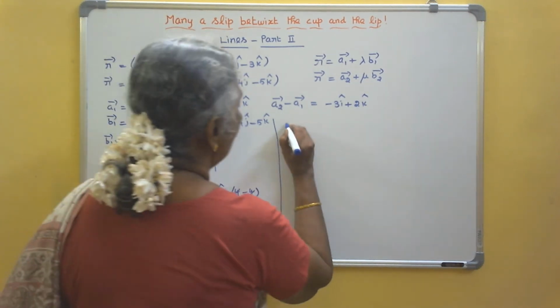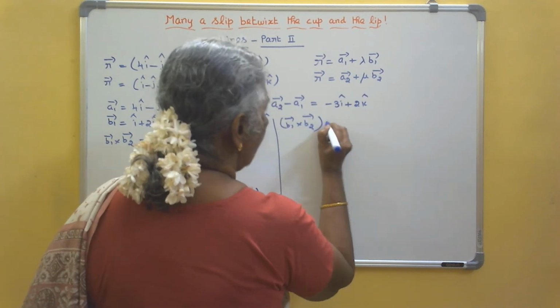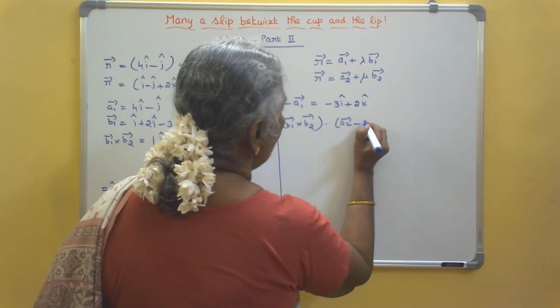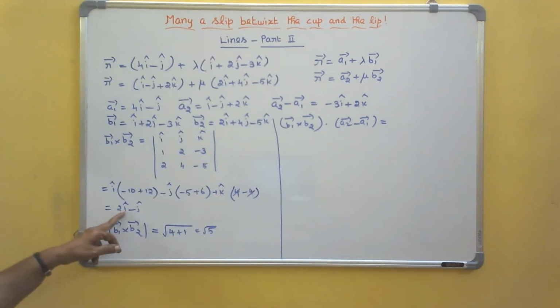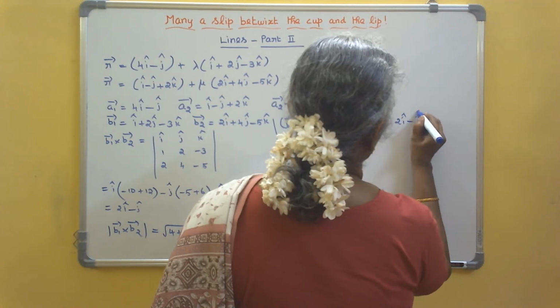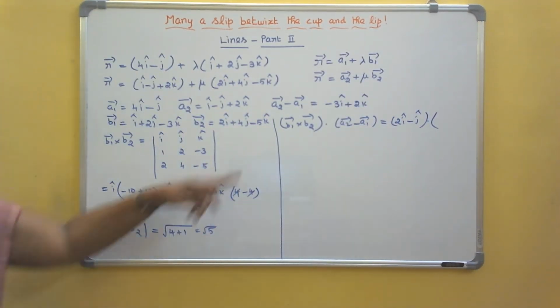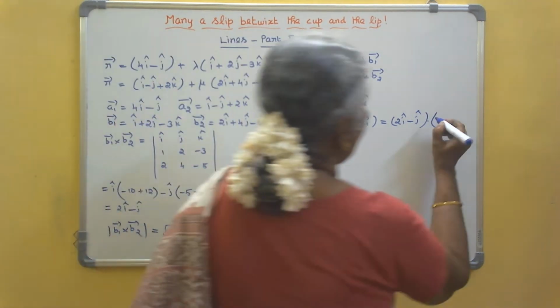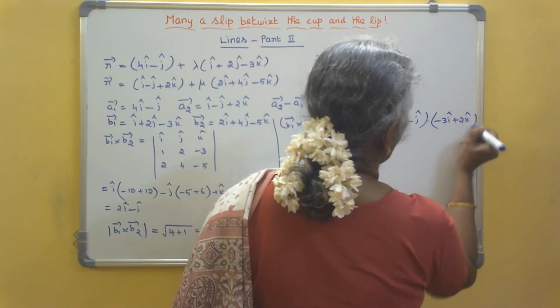Okay. So now I have got 2i cap minus j cap, then dot. What is A2 vector minus A1 vector? Minus 3i cap plus 2k cap.